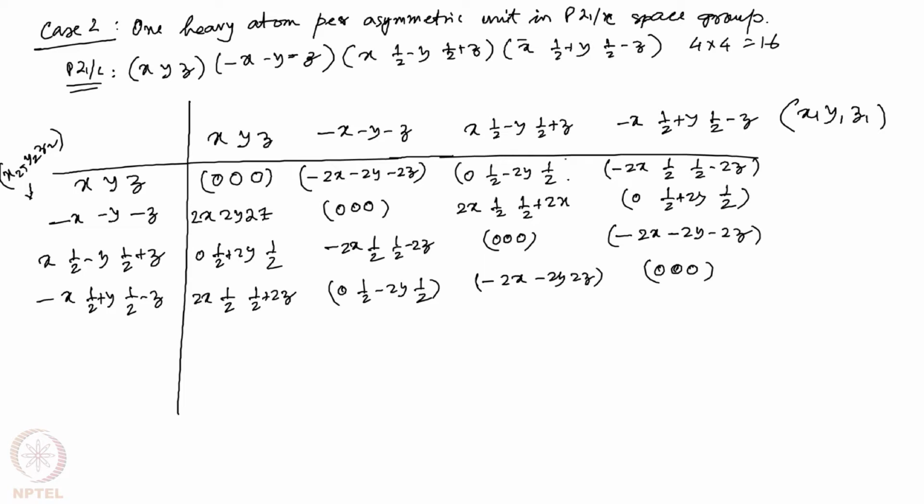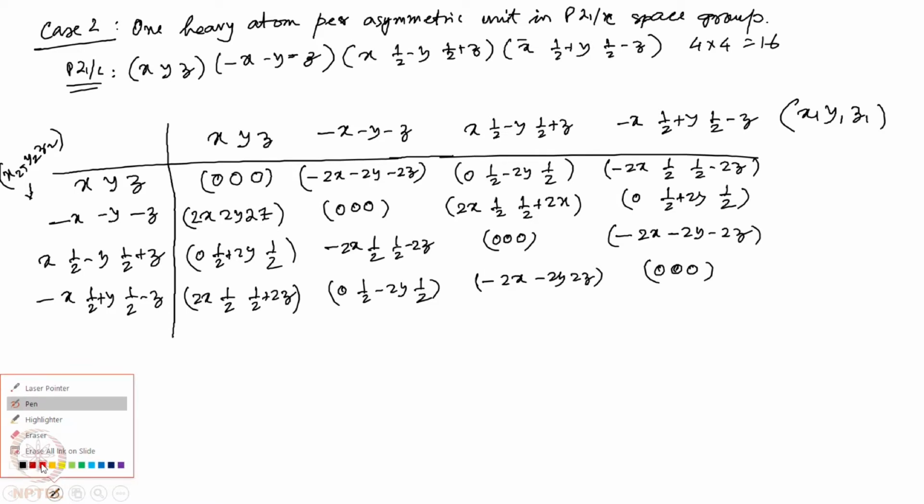So now we need to look at these vectors carefully. These are all possible vectors for this particular space group P21/c. Now, point number 1.